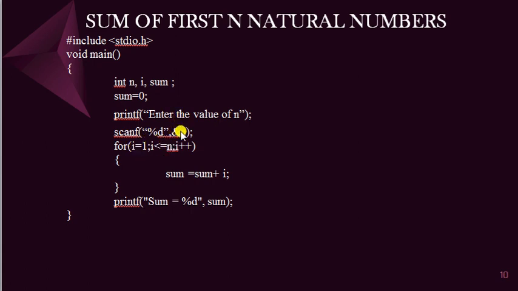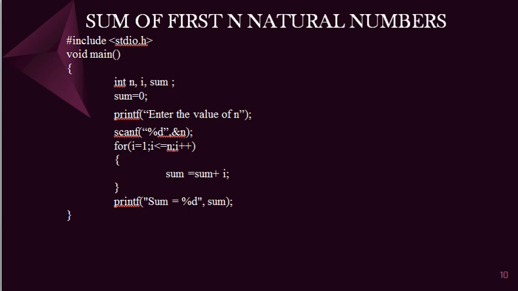If you are entering n as 10, then it will check less than or equal to 10, then it will execute the statement sum is equal to sum plus I, then increment I, then go to the condition again, then check and execute the body of the loop and continue like that. So after the condition becomes false, it will go out of the loop, that is here, and print the sum. Okay, that's what happens in the case of for loop.